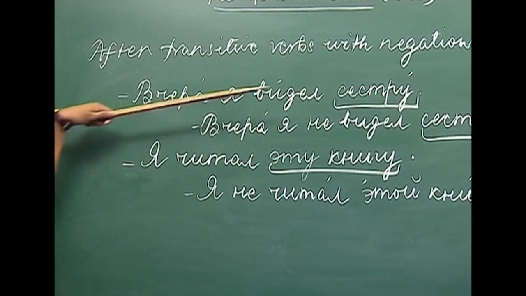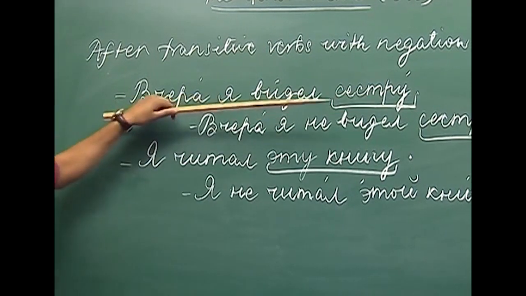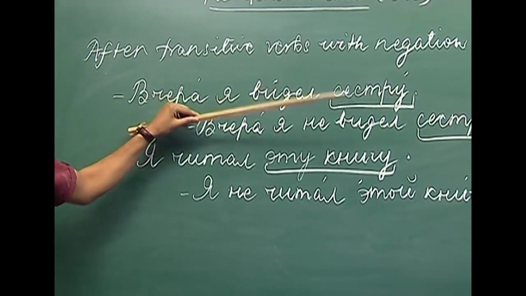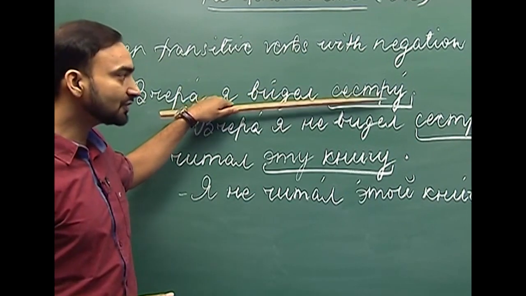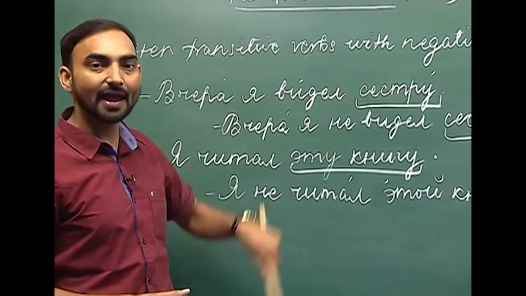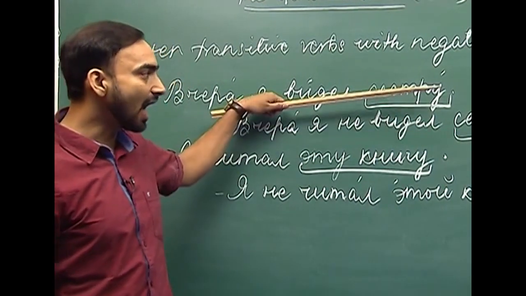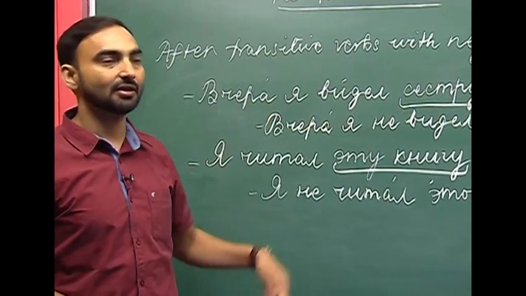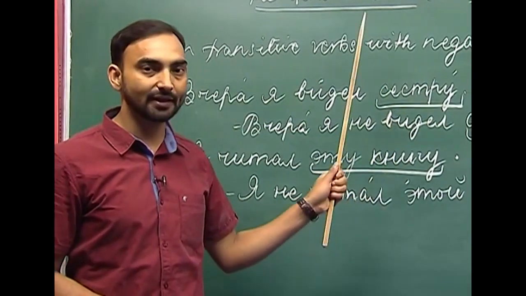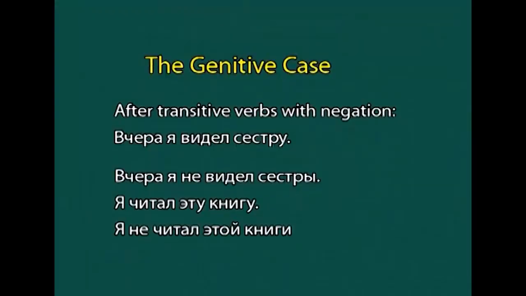So, here there is no negation. This is an affirmative sentence. So, we have used сестра in the accusative case, that is why а has become у. This is how we change the feminine gender noun in the accusative case, if you remember.